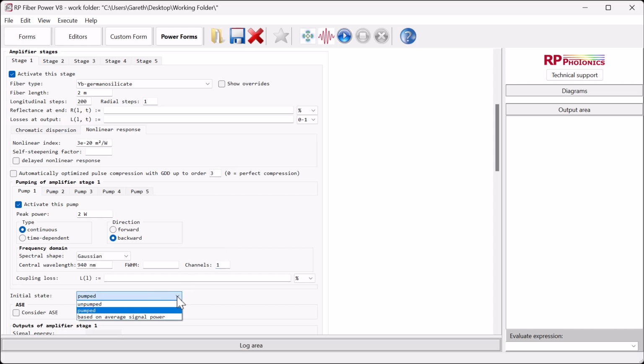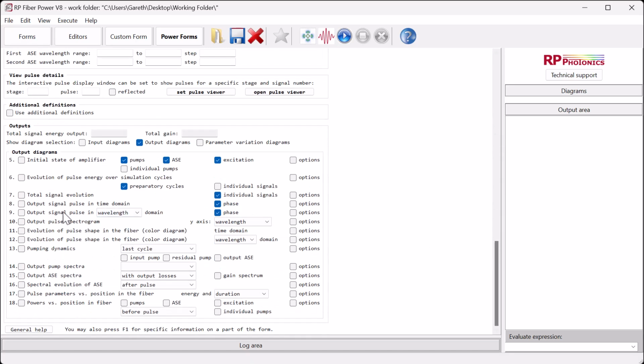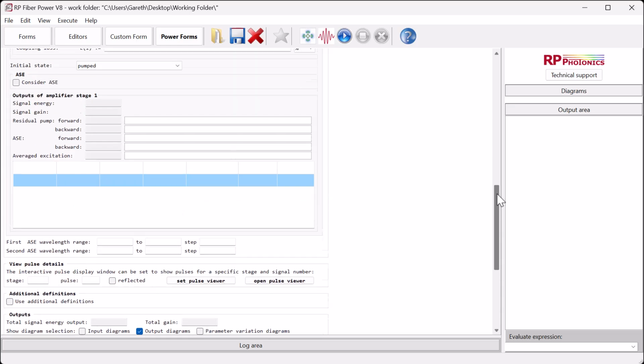The initial state of the fiber is set to pumped, meaning that before arrival of the pulse, the amplifier is assumed to have been pumped for a long enough time to reach its steady state. Before we run the simulation, we select the output signal pulse diagrams in both time and wavelength domains, ensuring that we include their phase profiles.